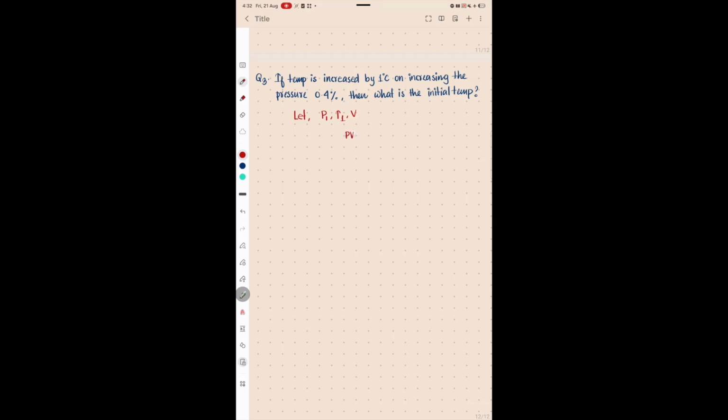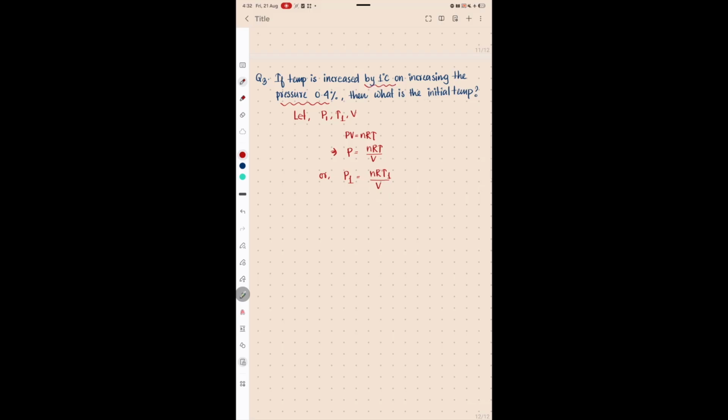The ideal gas equation is PV = nRT, so P = nRT/V. For this state, P1 = nRT1/V. Now we will try to incorporate these conditions to equate the equation.